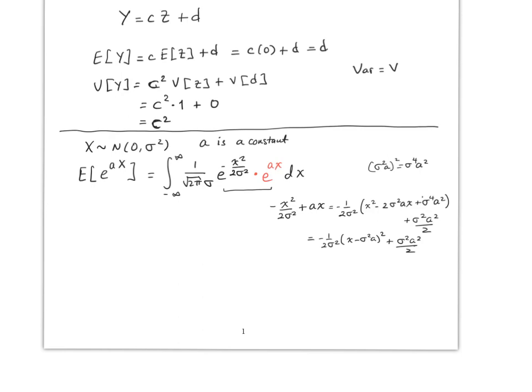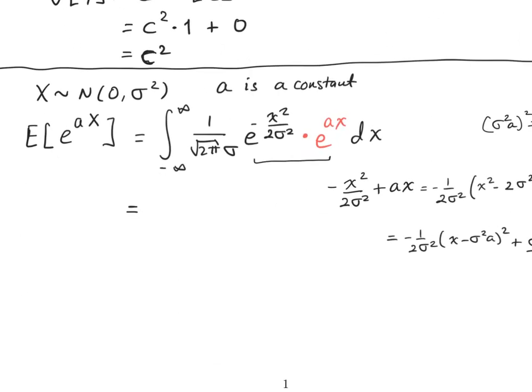So therefore, you can rewrite this as the integral from minus infinity to infinity of 1 over the square root of 2 pi sigma, e to the minus 1 over 2 sigma squared, x minus sigma squared a, squared, dx.